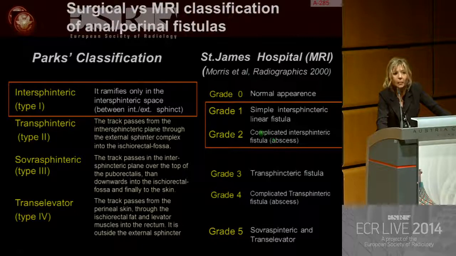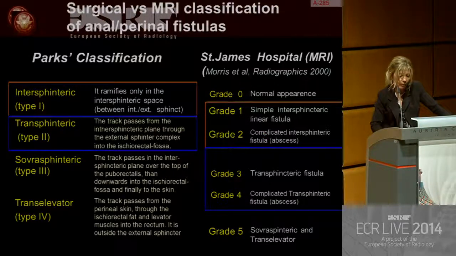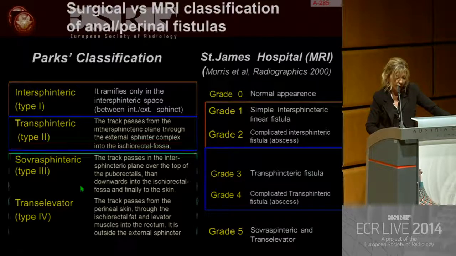The presence of an abscess, even small, is very important from a clinical point of view. And also the transsphincteric type 2, as you may see, are grade 3 and grade 4 in the St. James's Hospital classification if the abscess is not present or present, whereas the type 3 or 4 are associated in the grade 5 of the St. James's Hospital classification.